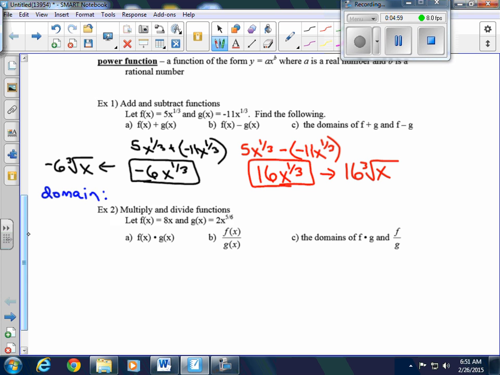Comes up with an answer. Okay, so that's why I write it in this form a little bit. It might be easier for you to use to find out what the domain is. So no matter what number I put into that, I will get an answer. So my domain is all real numbers.